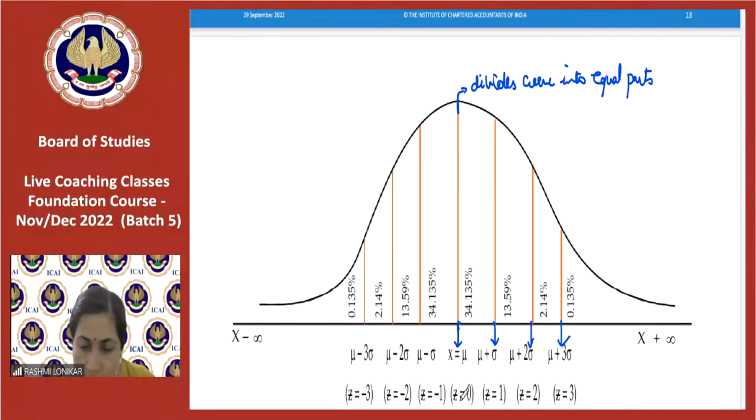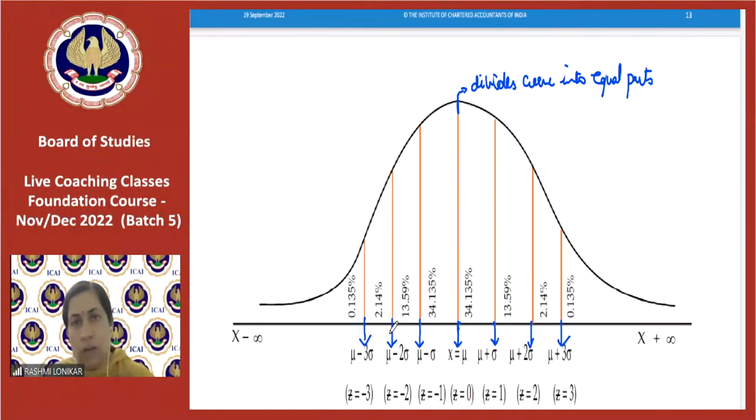X is equal to mu is written as Z is equal to 0. Mu plus sigma is written as Z is equal to 1. Then this is written as Z is equal to 2. And then this is written as Z is equal to 3. That is on the right hand side. What happens if I go on the left hand side? This is written as mu minus sigma, mu minus 2 sigma, and mu minus 3 sigma.